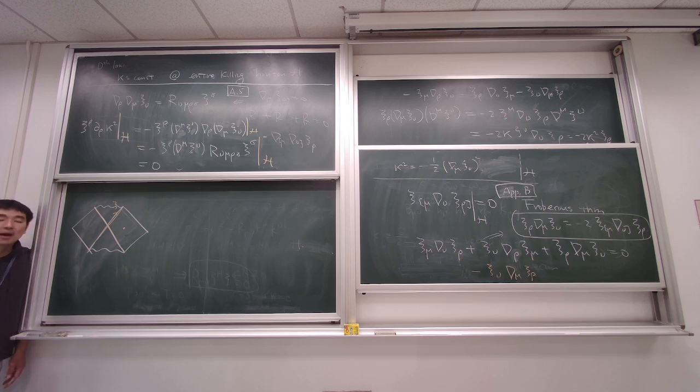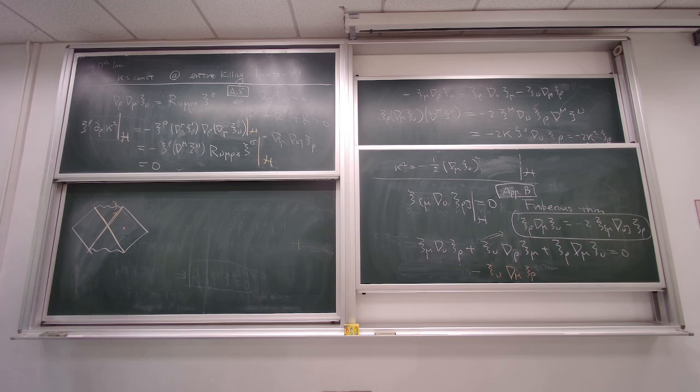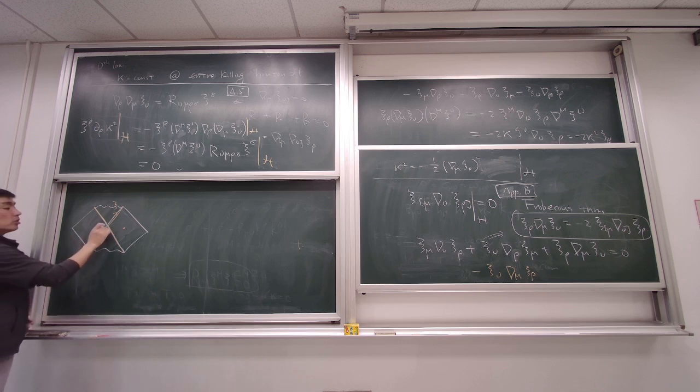Along this direction the derivative is 0, but it can vary along S2. So this derivation doesn't show that it's constant along this S2. So we need to show this one. To show that we use this bifurcation.